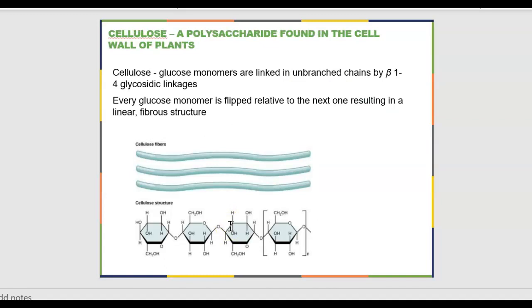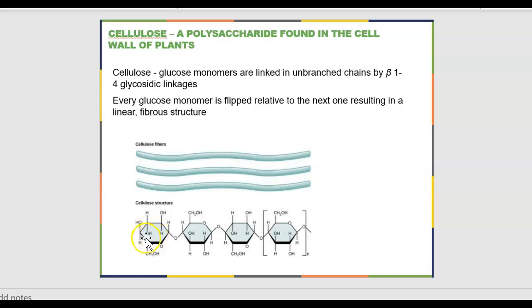Now, the real importance of some of that is that the way in which these form will make a difference as to whether it's something that we can digest or something we can't, or structurally what it is used for. So when we see these unbranched chains that are instead not called alpha bonds, but are called beta 1 to 4 glycosidic linkages, in other words, carbon 1 on one side and carbon 4 on the other are joining.